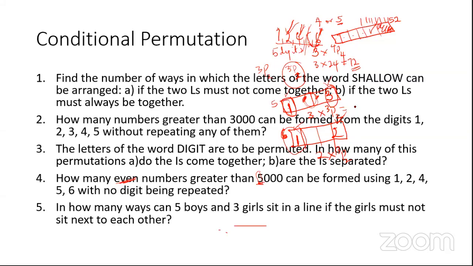So 3 times 6 is 18. This one is 2 times 6, which is 12. So at the end of the day, we are going to add 72 plus 18 plus 12. 18 plus 12 will give us 30. 30 plus 72 is 102. So the answer to this is 102.